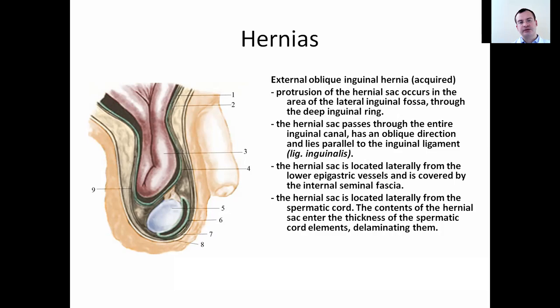External oblique inguinal hernias: protrusion of the hernia sac occurs in the area of the lateral inguinal fossa through the deep inguinal ring. The hernial sac passes through the entire inguinal canal, has an oblique direction and lies parallel to the inguinal ligament. The hernial sac is located laterally from the lower epigastric vessels and is covered by the internal seminal fascia.